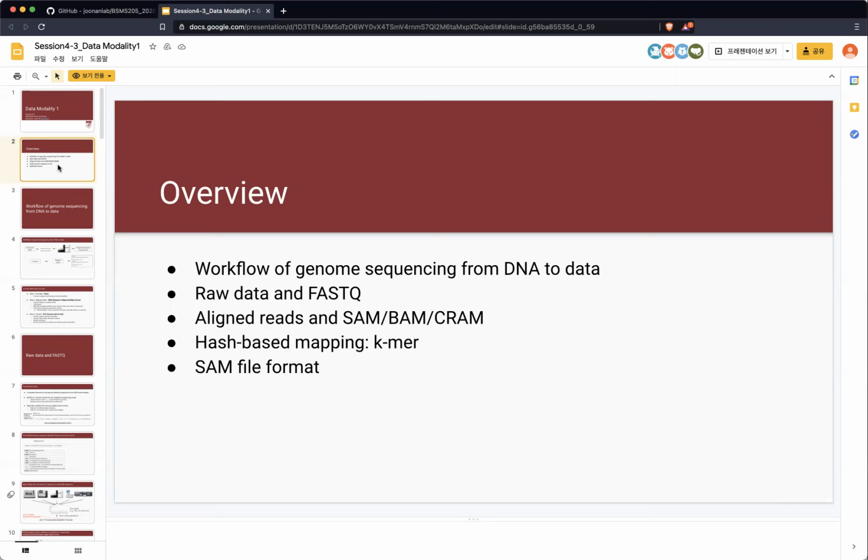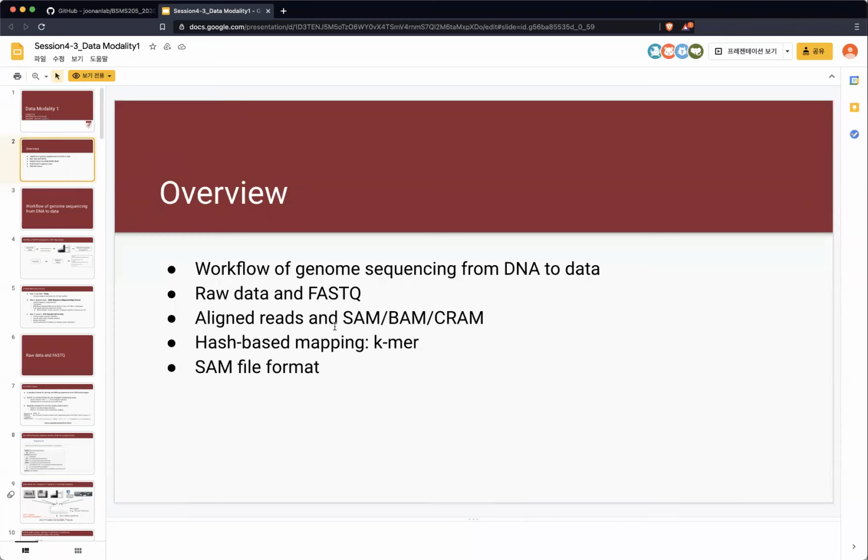This is the part of the process we call the raw data and FASTQ. Once it's processed, we specifically call it alignment, right? Alignment of sequencing reads, which we call aligned reads. Then we put it into a certain format, which is SAM, BAM, or CRAM, right?